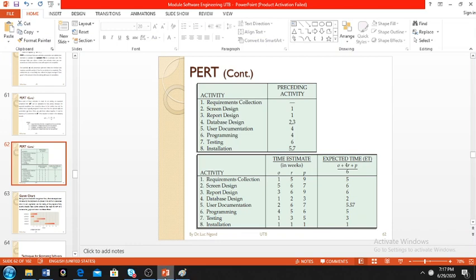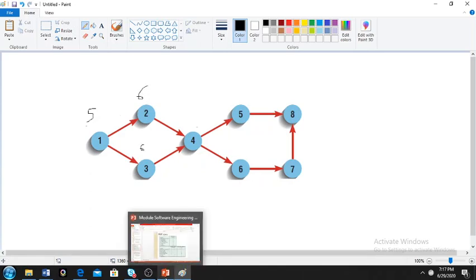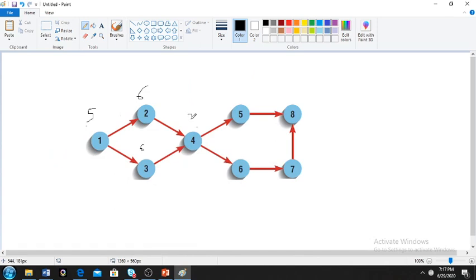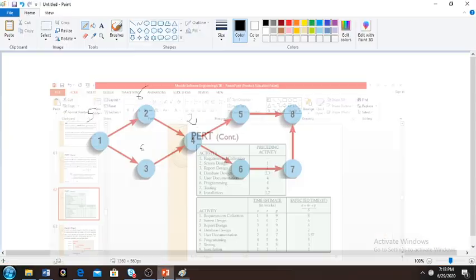Number 2 is 6. Number 3 is also 6. Number 4 is 2. And number 5 is 6.